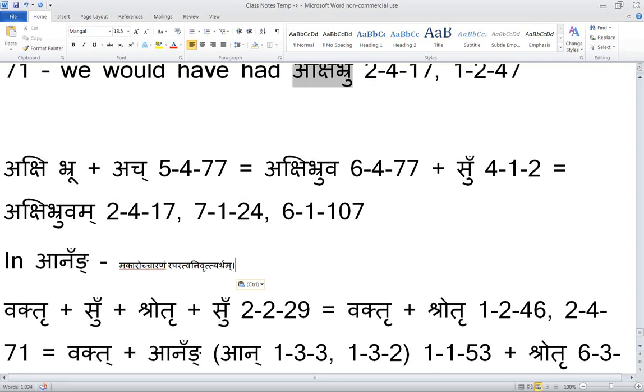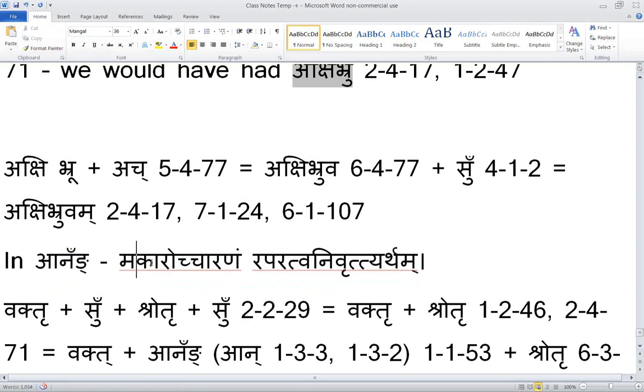Okay, let me do this for you. Let me make this one like this. So nakara ucharanam. Let me correct a typo for you. Nakara ucharanam. Raparatta nivrityartham, to avoid uran raparaha. So to avoid uran raparaha, Panini has made it as anang and not just an akaraha.